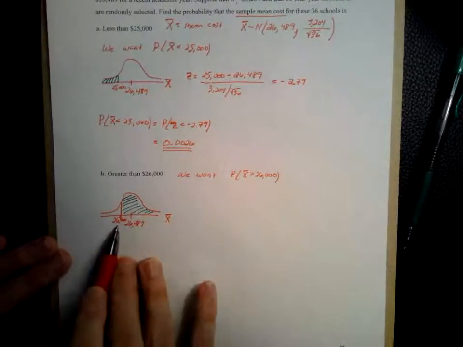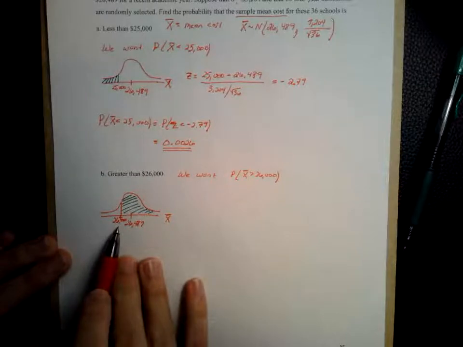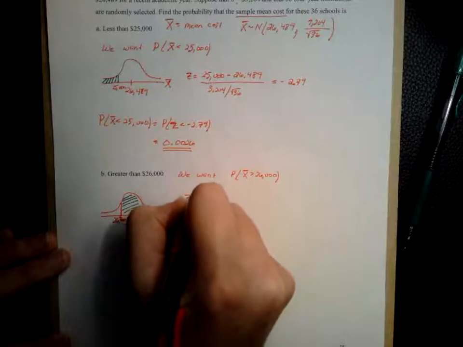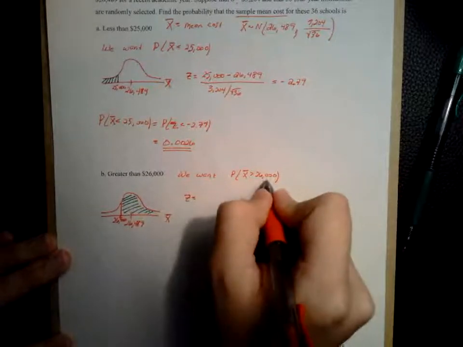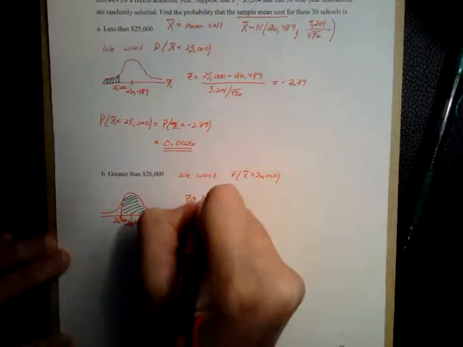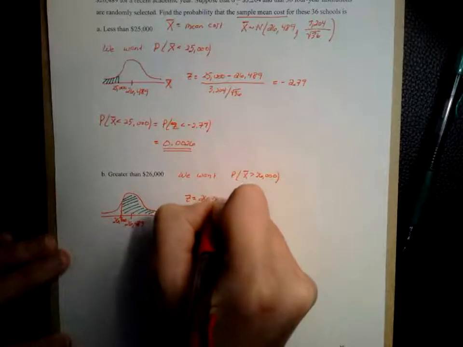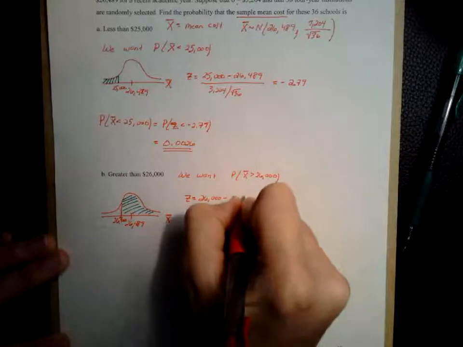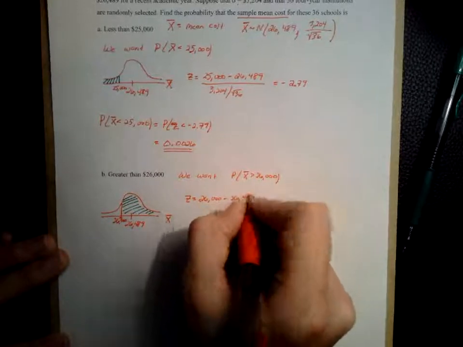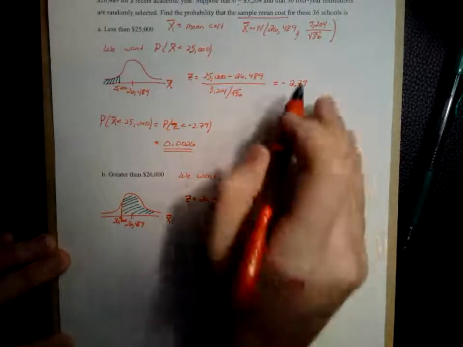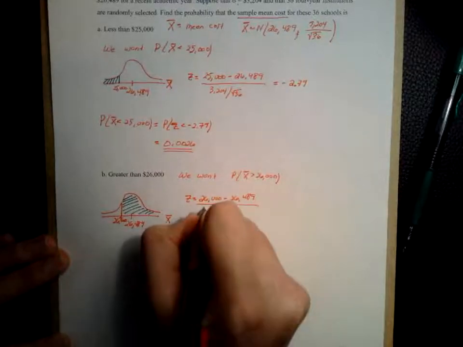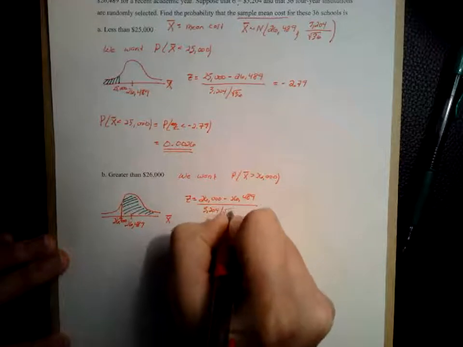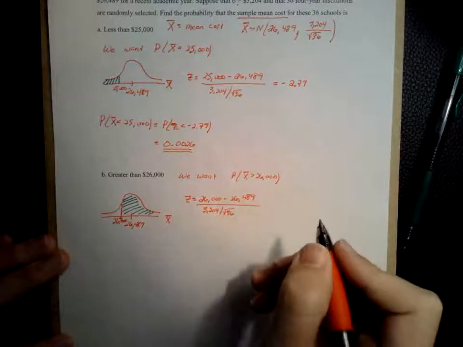First thing we want to do is find the z-score associated to 26,000. So doing that, we have z is equal to the sample mean we're interested in, 26,000, minus the overall mean of 26,489, divided by the corresponding standard deviation of 3,204 divided by the square root of 36.